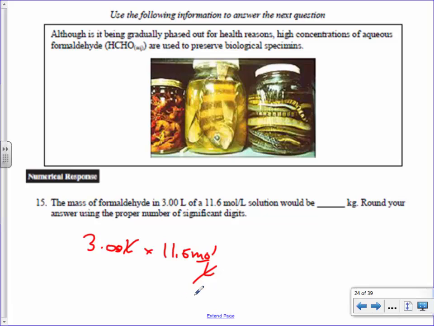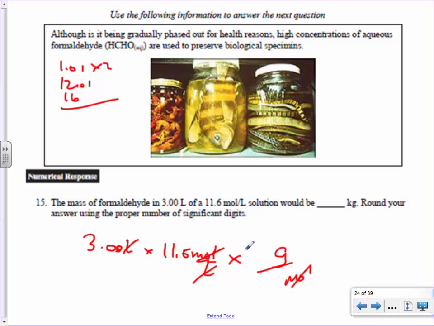I don't want moles. But hopefully you remember my analogy of donuts. We just need to figure out how heavy are my donuts. Or in this case, how heavy is formaldehyde? If I can find a molar mass, I can cancel that moles away. So I just need formaldehyde's molar mass, which is 1.01 twice, 12.01, and 16.